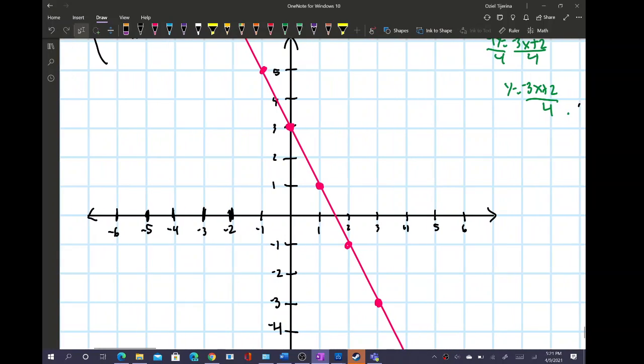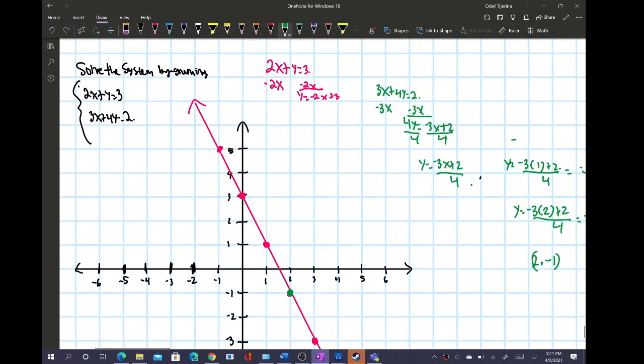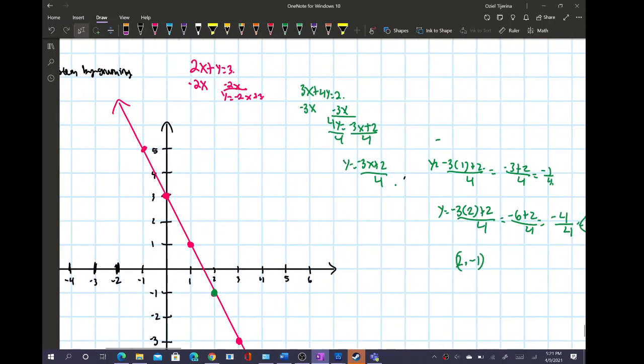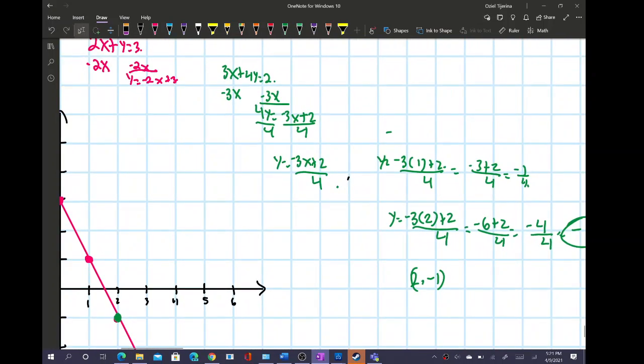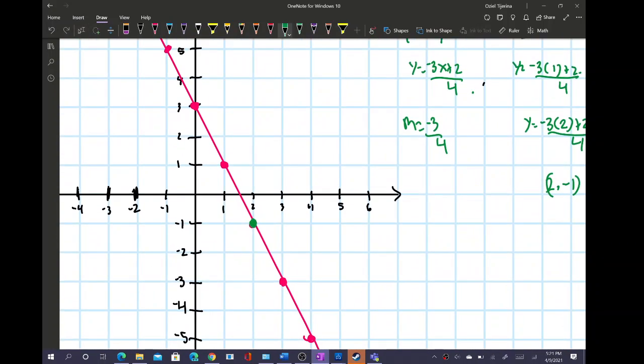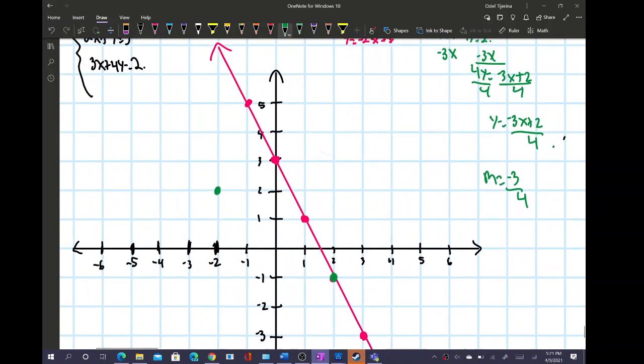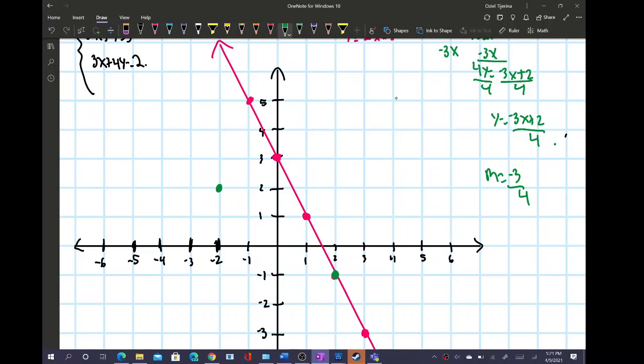So you would plot it right here, and then you would graph it. Your slope is negative 3/4, so m is negative 3/4. So you would go down 3 and right 4. 1, 2, 3, 1, 2, 3, 4, right here. Then you would go up 3 and left 4. 1, 2, 3, 1, 2, 3, 4, right here.